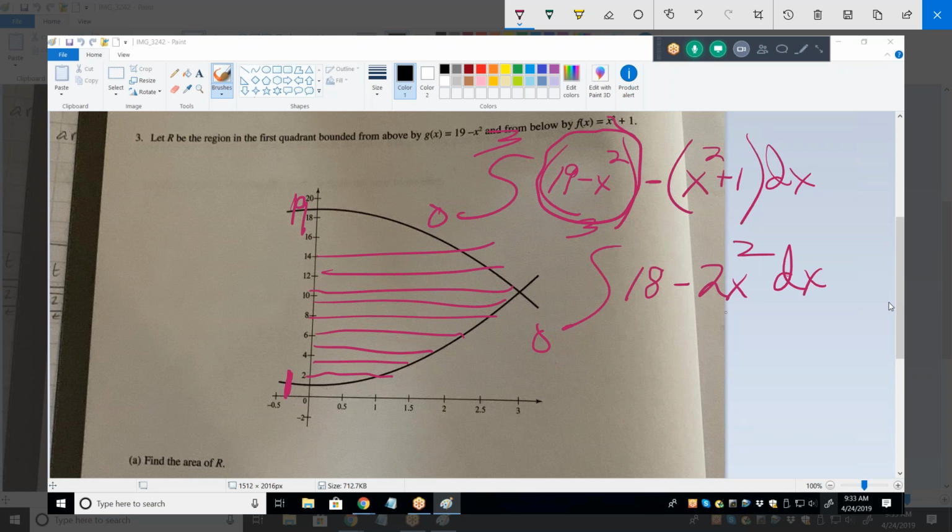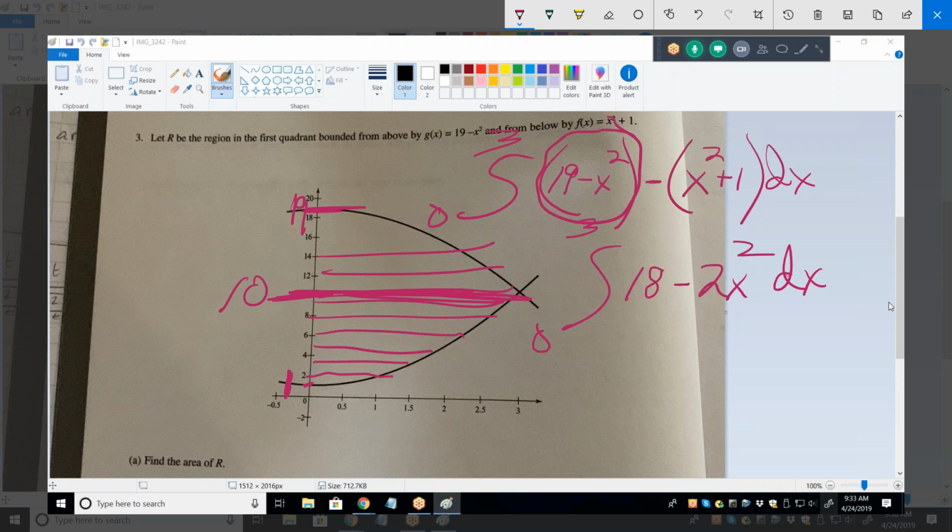You would go from 1 to whatever that intersection point is, 10, using one function, and from 10 to 19 using the top function. You would also have to turn those functions into functions of y.